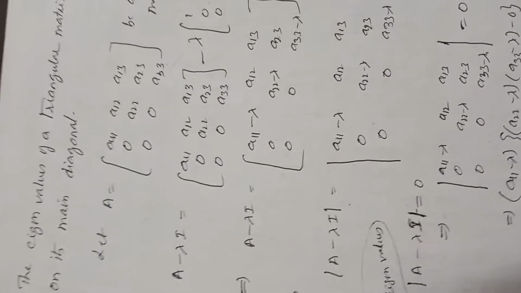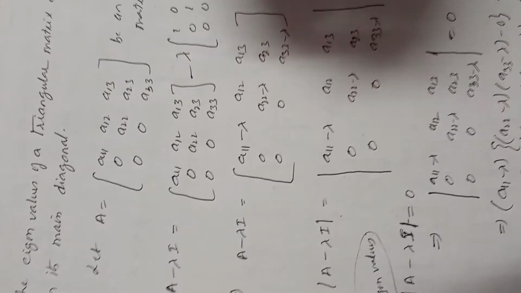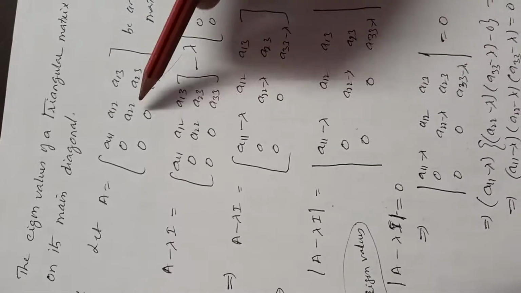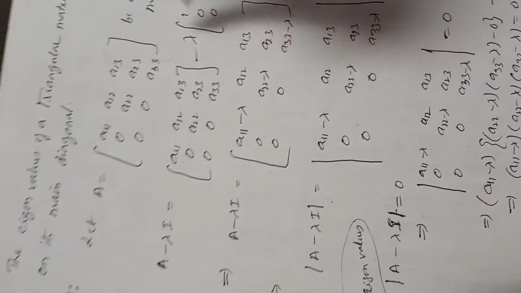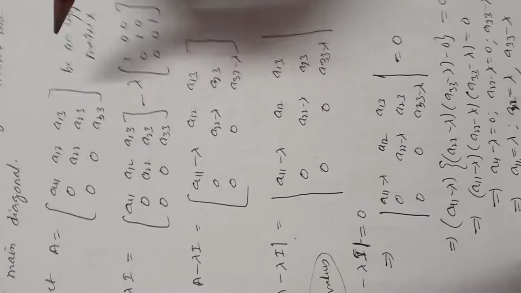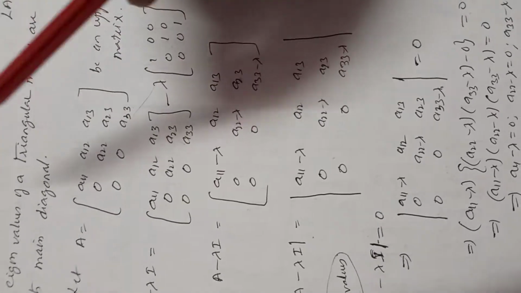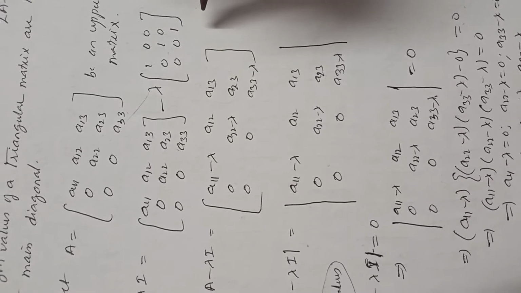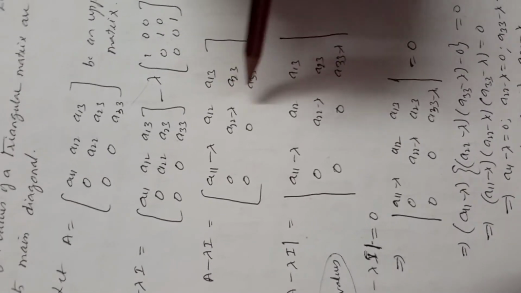First of all we have to find the eigenvalues of this matrix. For that we calculate A minus lambda I. A is this one minus lambda into the unit matrix. Here I am taking the 3 by 3 unit matrix because the given matrix is of order 3 by 3.